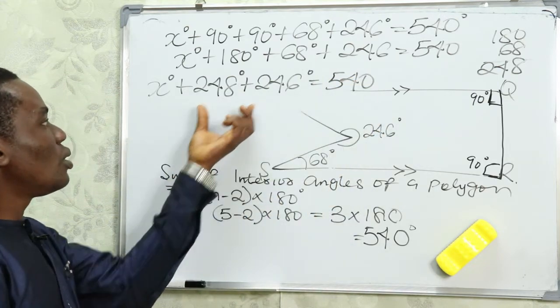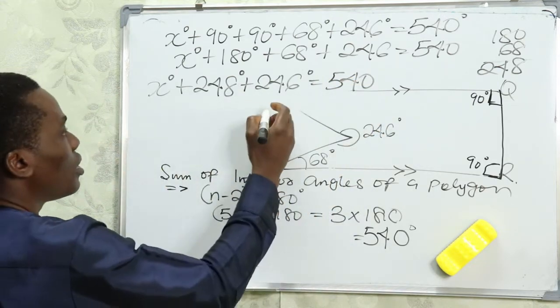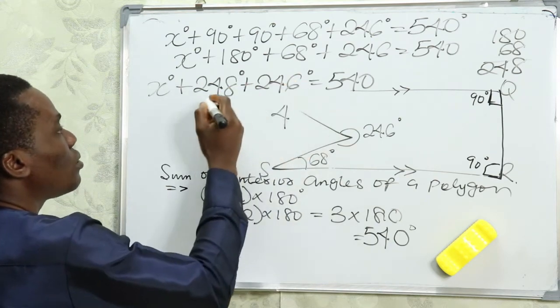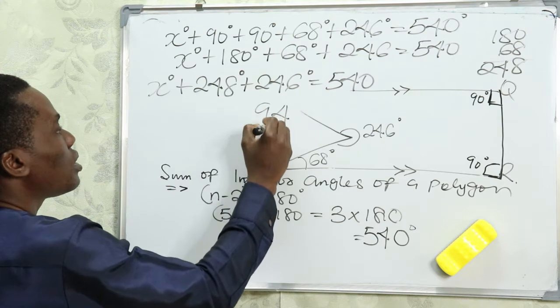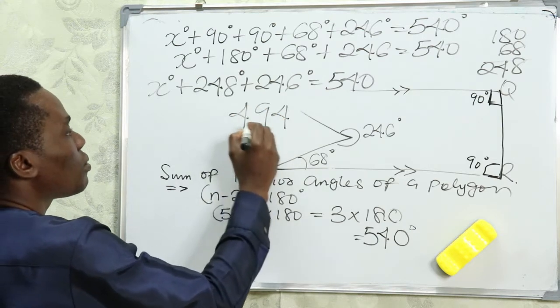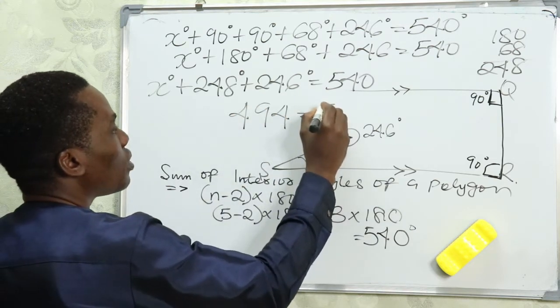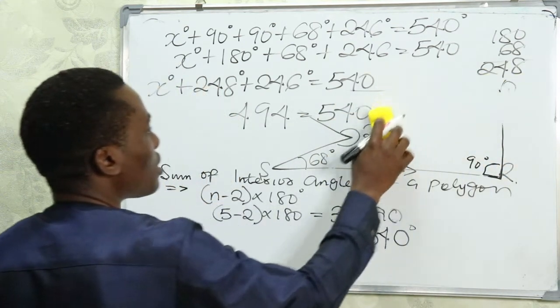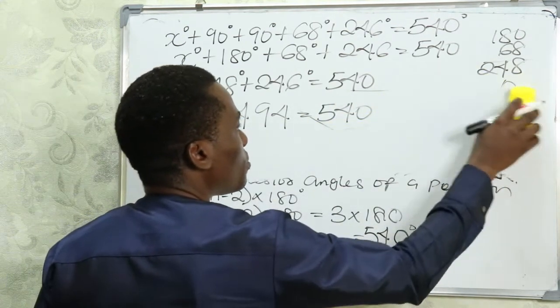So this plus this will give us 4, this will give us 8 plus this 9, and this will give us 4. That will be equal to 540. So let's conclude the solution.